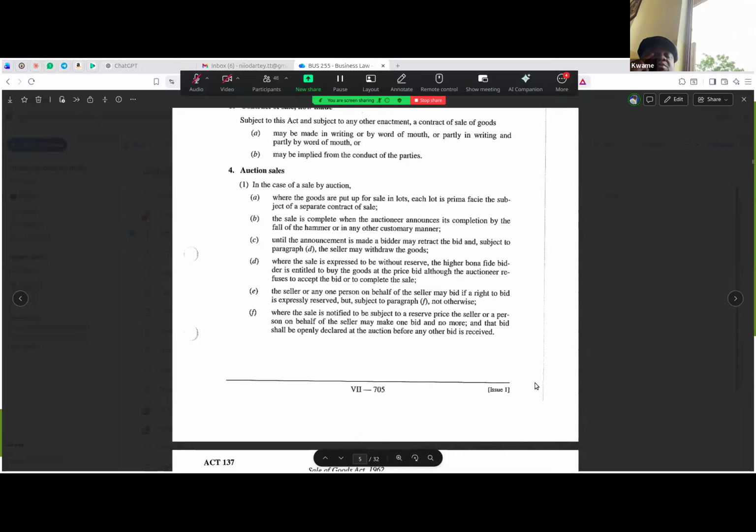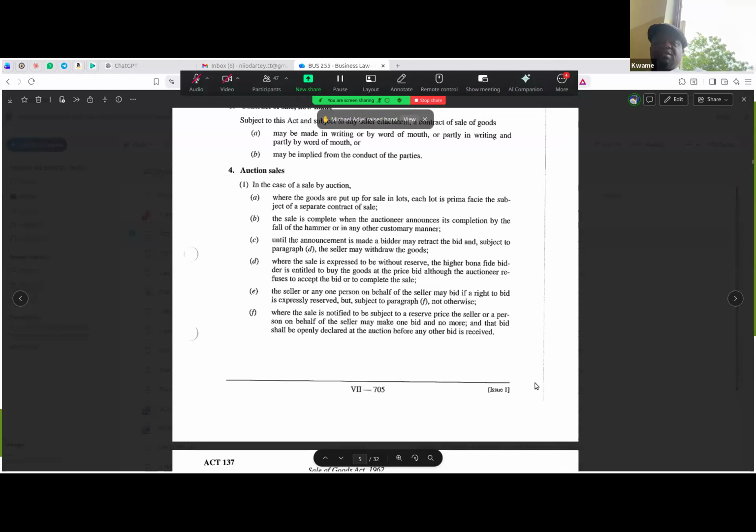So maybe you hear that GIPC or one of the ministries is doing an auction, and they have some old cars they are selling. You can go there and say, this Toyota Land Cruiser, what is the reserve price? Once they say the reserve price is 200,000, you can pay for it and go and take it without it going through the auction.